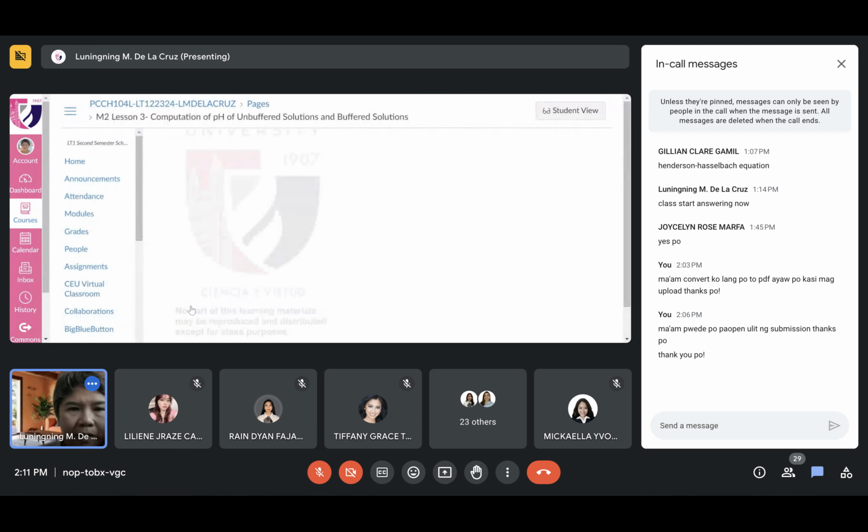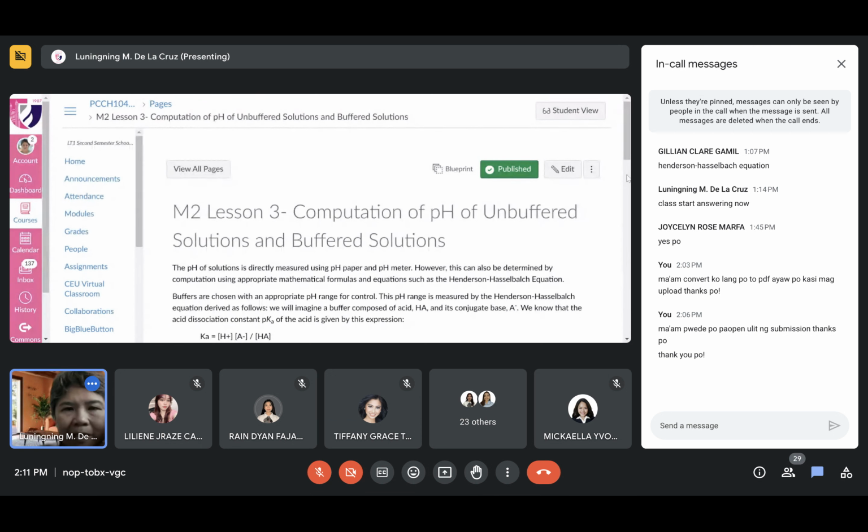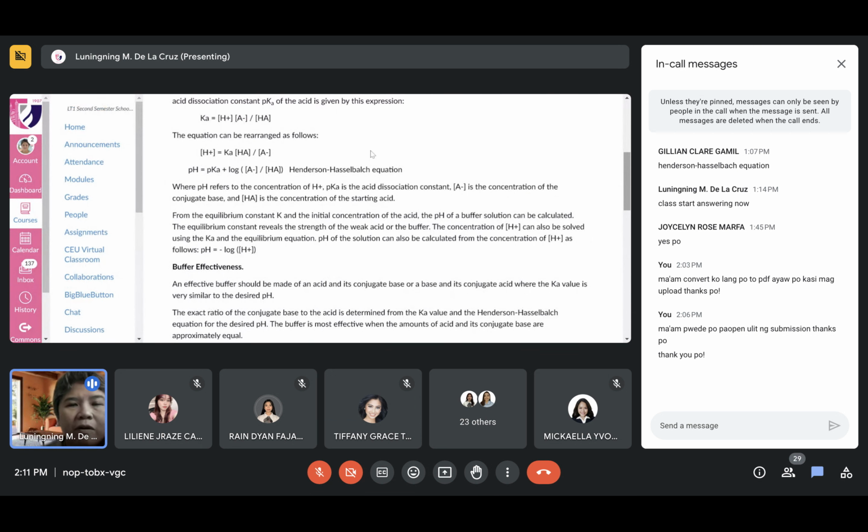So let's start. Again, let us look here. The equation for your pH, if it is a buffered solution, is the Henderson-Hasselbalch equation: pH is equal to pKa plus log of A minus divided by HA. Now, if it is an unbuffered solution, our equation is simply pH is equal to negative log H3O plus.